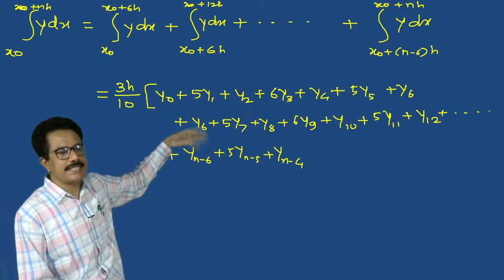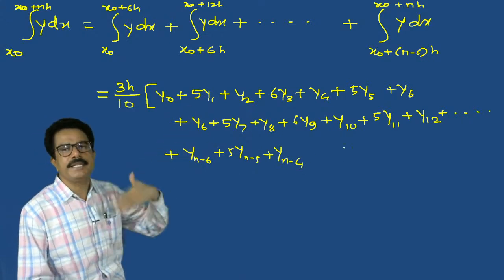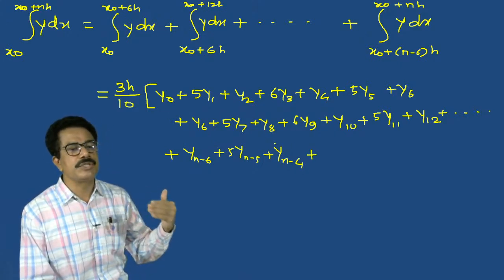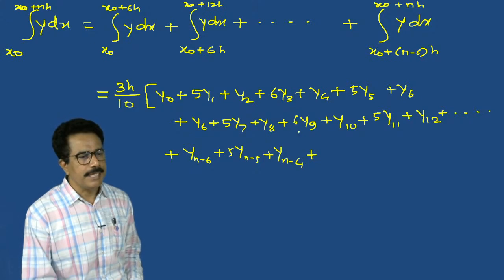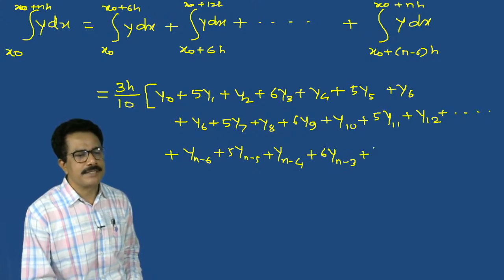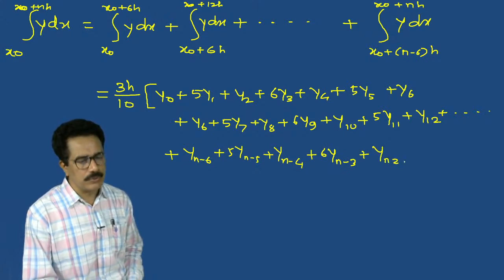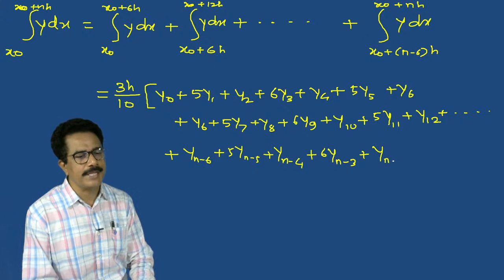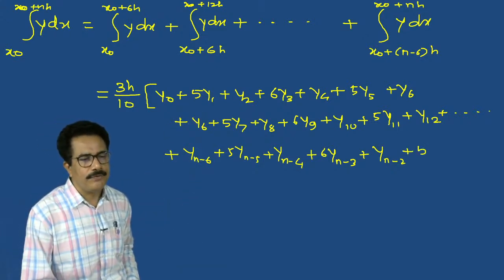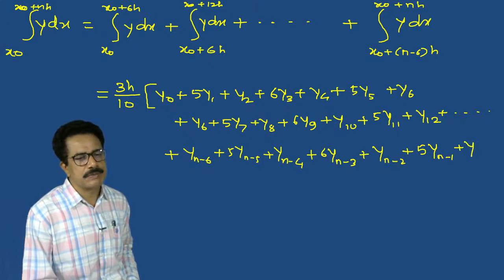The terms to replace are the same: the first, second, third come in the same multiples. These are the terms which give the same multiple, that is 6 times y n minus 3 plus y n minus 2, the same 5 times of y n minus 1 plus yn.